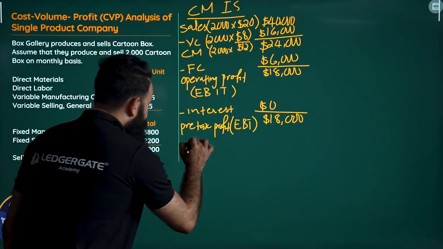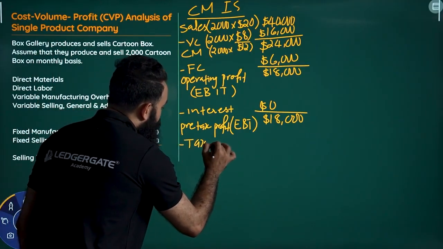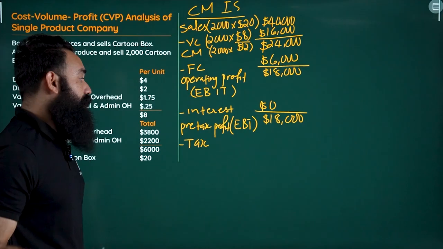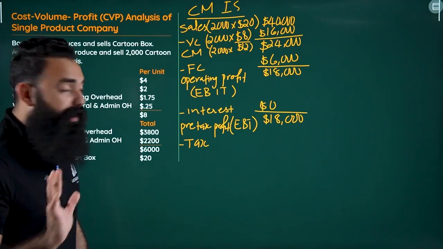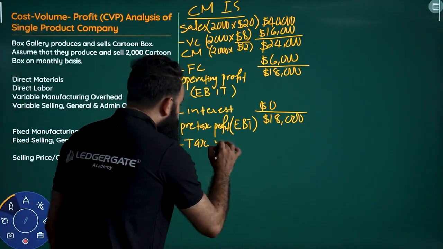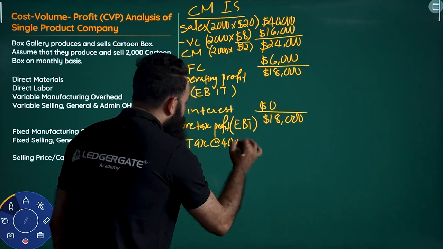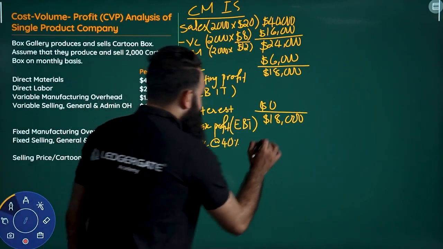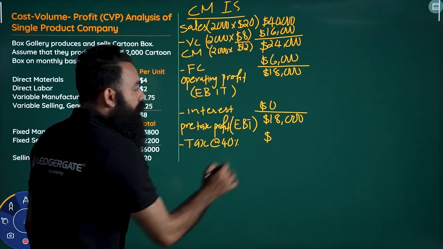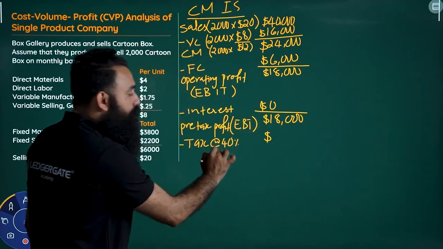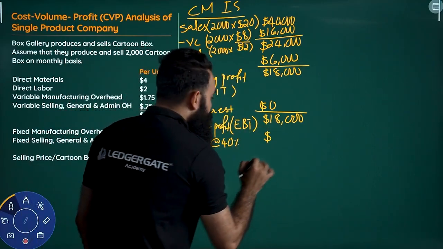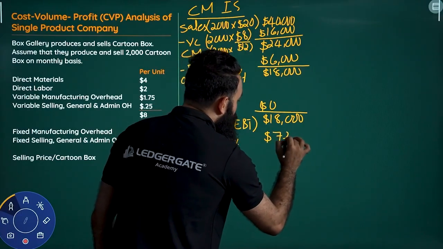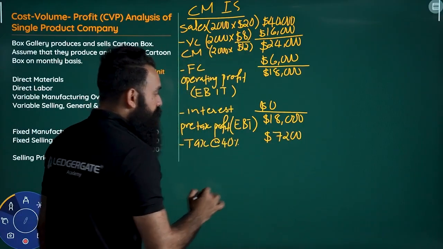So from this we have to pay tax. Assume that we are in a country, let's say in the US, and our income tax rate is 40%. Our tax would be 40% of 18,000. How much would it be? That would be $7,200, right?